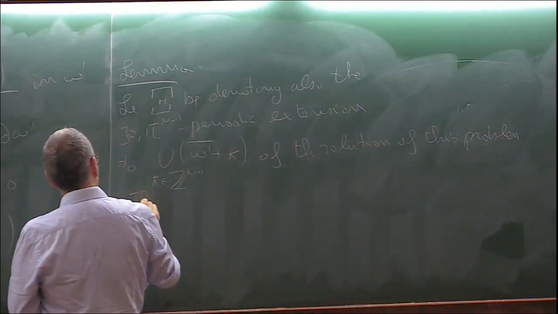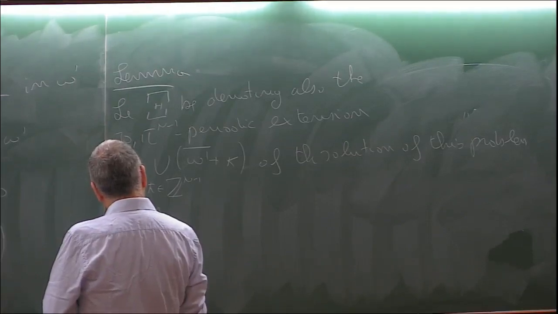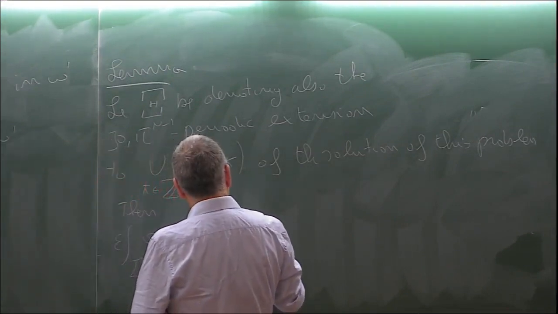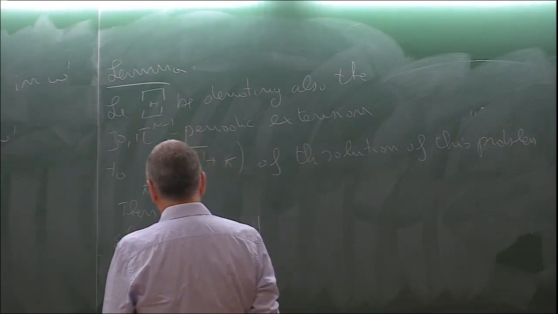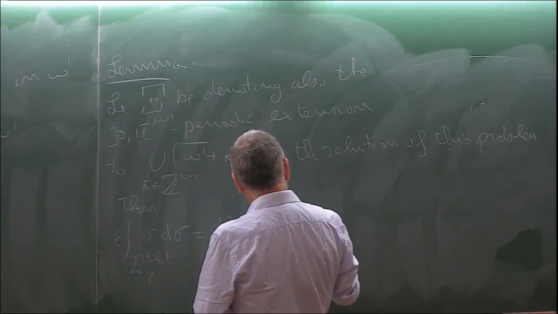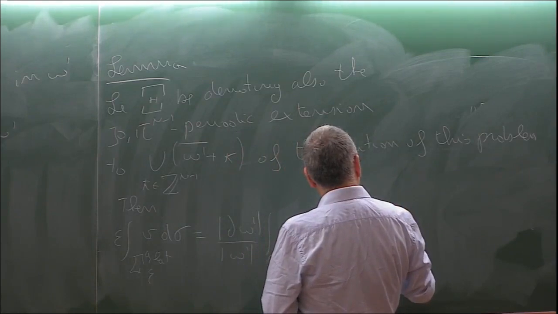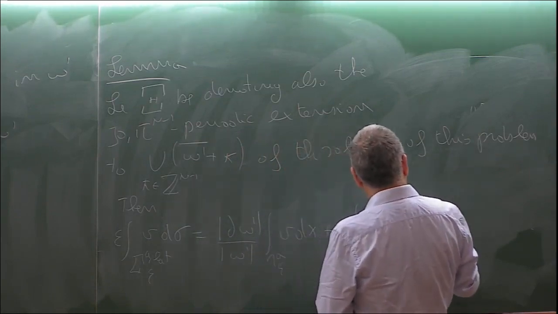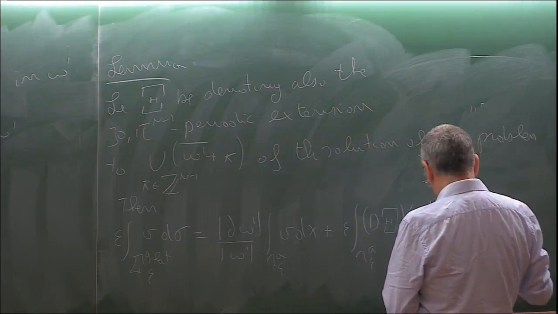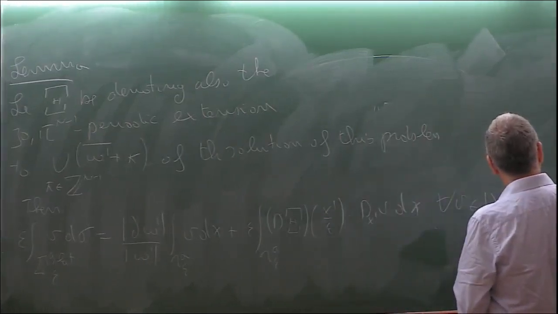Then epsilon times the integral on sigma lateral epsilon of v dsigma is equal to the measure of the boundary of omega prime over the measure of omega prime times the integral on omega A epsilon of v dx, plus epsilon times the integral on omega A epsilon of gradient Xi of x prime over epsilon dot gradient x prime of v dx, for every v in W^{1,1} of omega A epsilon.